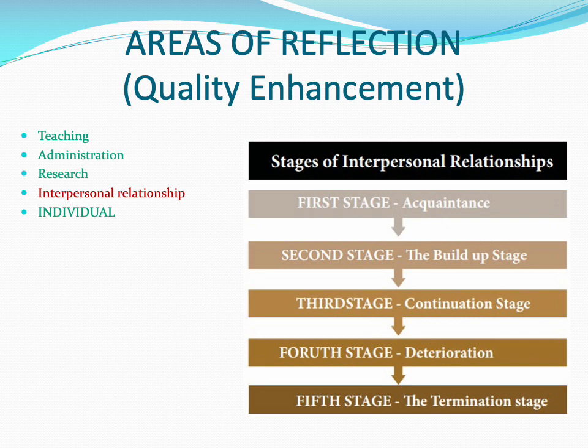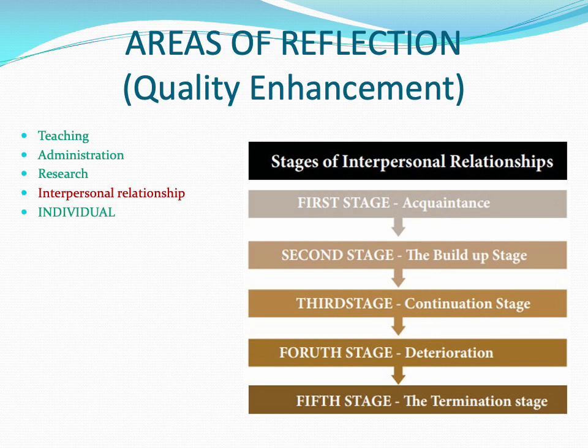Then the build-up stage is the second one, and for continuation of work, for a job, for any event to happen, we continually support each other. And at the end of that event, that group or the relationship may deteriorate. Then one stage that we have to make is termination.